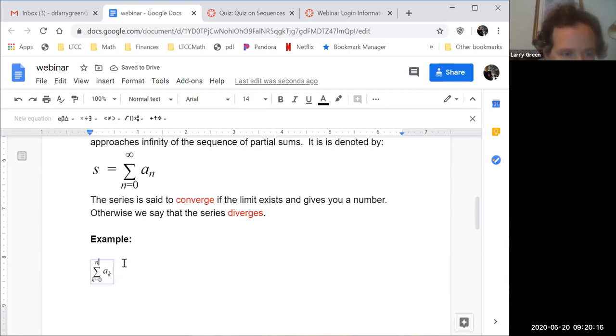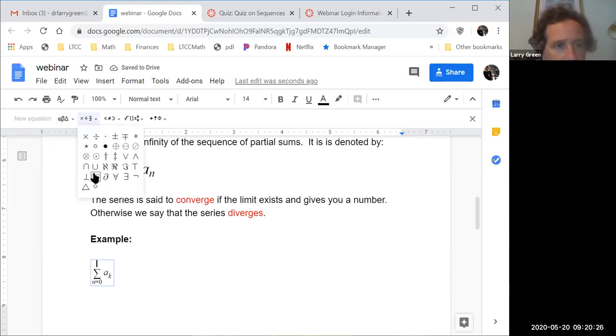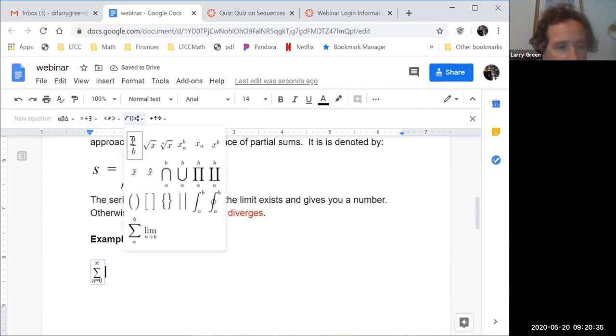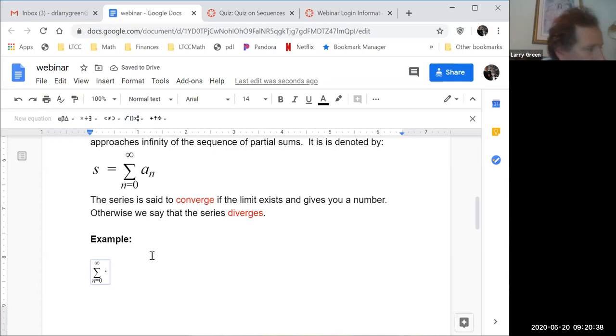So let's look at the series: the summation, n equals 0 to infinity of the fraction, q n minus 1 over n to the fourth plus 2n cubed plus n squared.